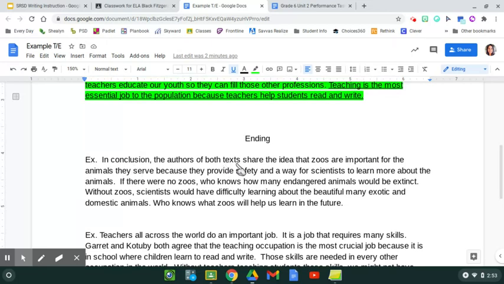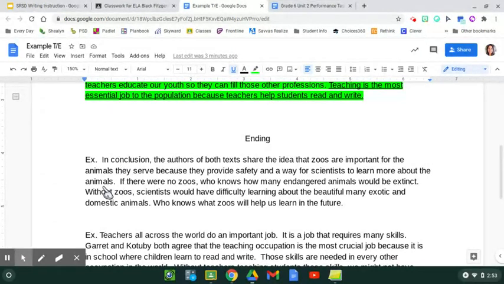So in conclusion, the authors of both texts share the idea that zoos are important for the animals they serve because they provide safety and a way for scientists to learn more about the animals. There's my thesis. I put it in my ending. If there were no zoos, who knows how many endangered animals would be extinct? Without zoos, scientists would have difficulty learning about the many beautiful exotic and domestic animals. Who knows what zoos will help us to learn in the future?